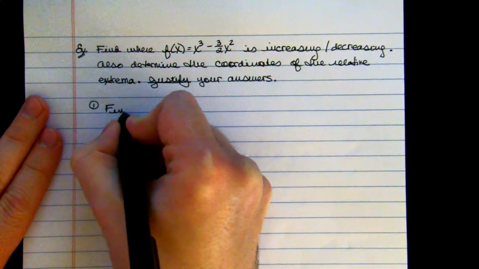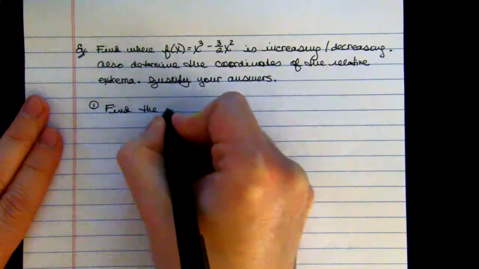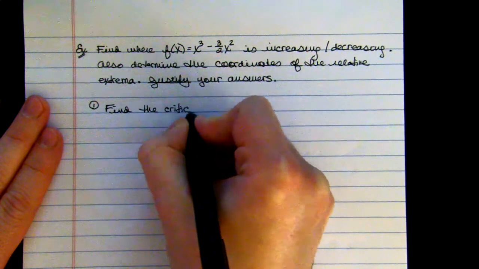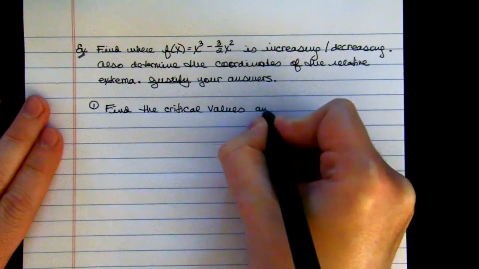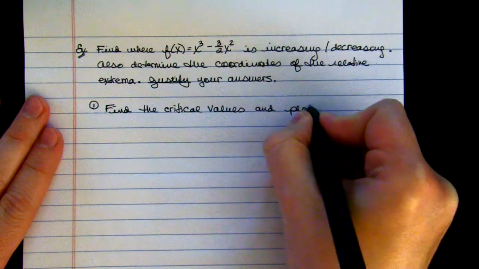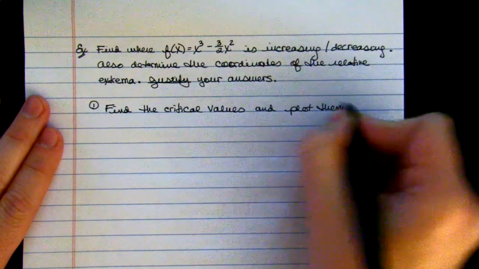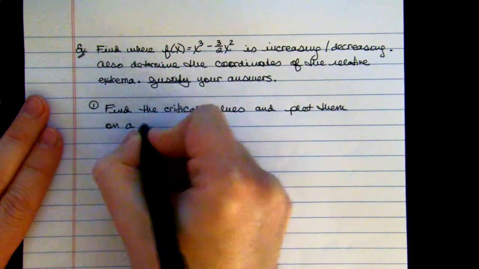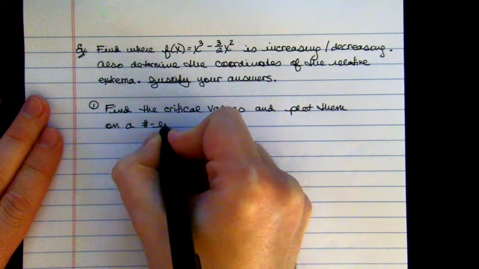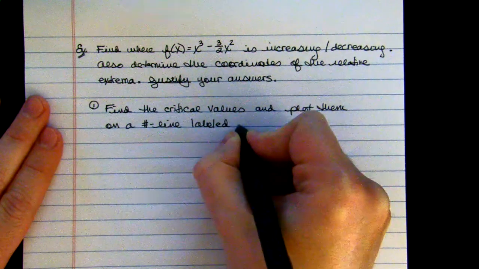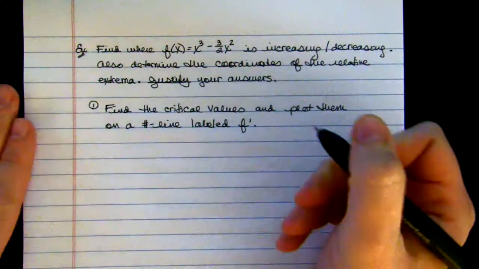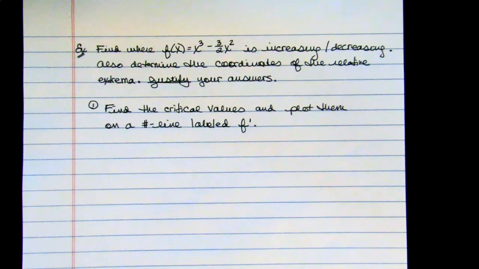Step number 1, I need to find the critical values and I need to plot them on a number line labeled f prime.